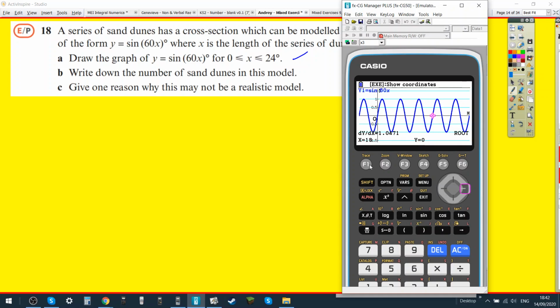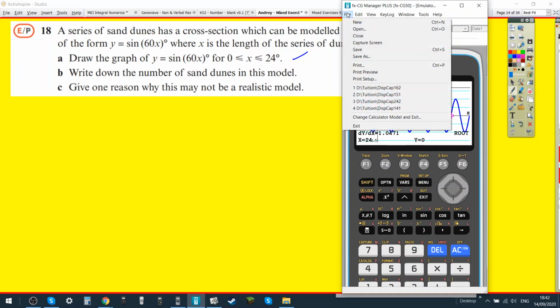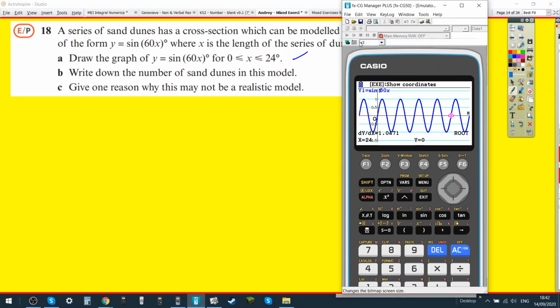That's 15, 18, 21. So that's 24 there. So this is 24. And so how many sand dunes? Take a look. How many sand dunes between 0 and 24? Is that 5 or is that 6?